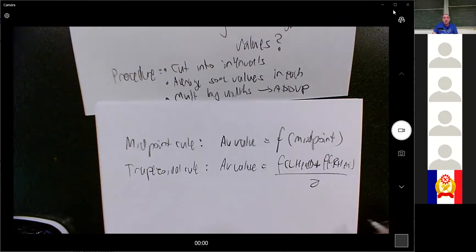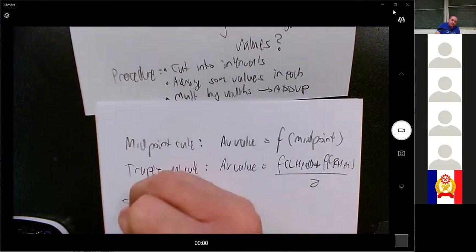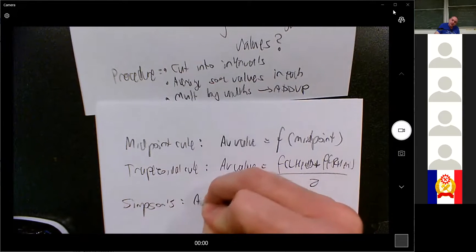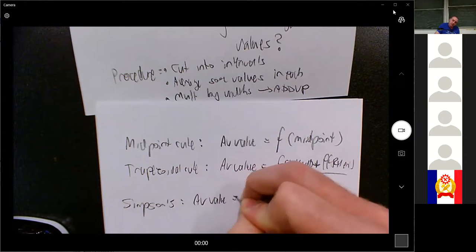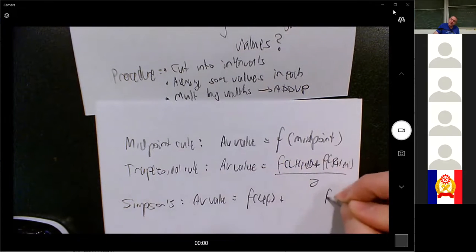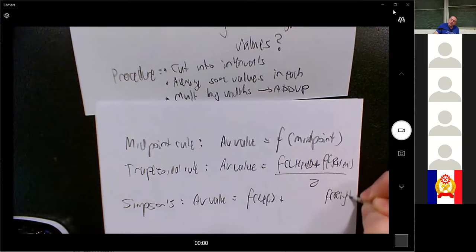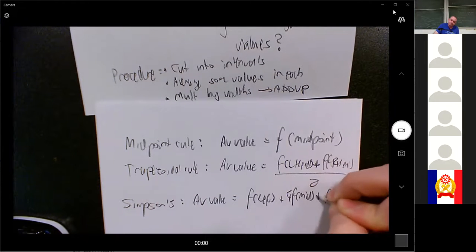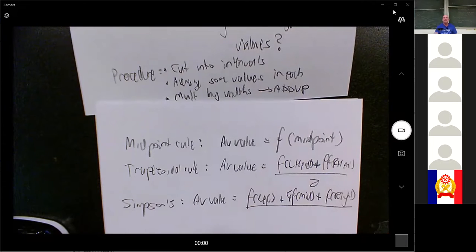And in Simpson's rule, the average value is f of the left end and f of the right end and 4 times f of the middle. And because that's 6 different numbers, well, 4 of them are the same, that's 6 numbers.